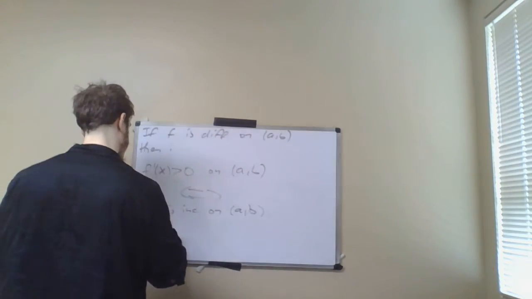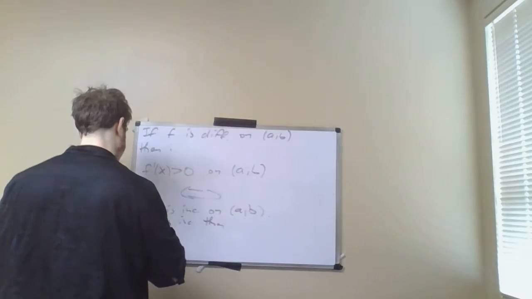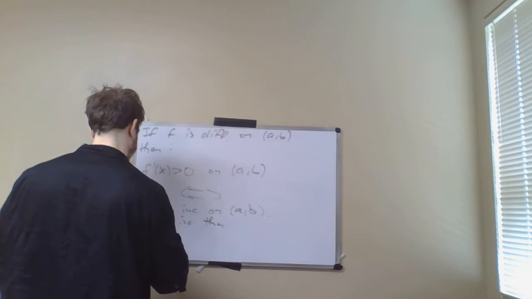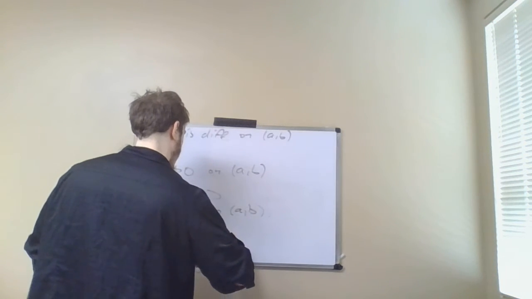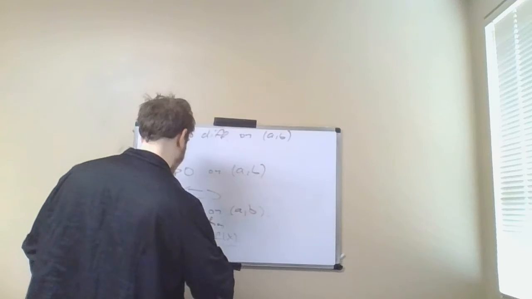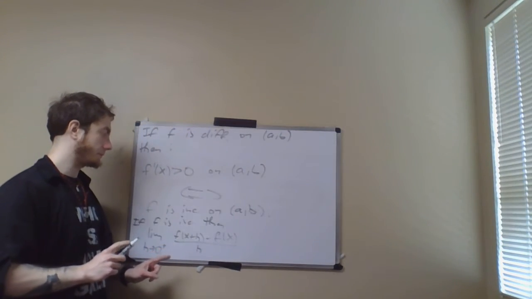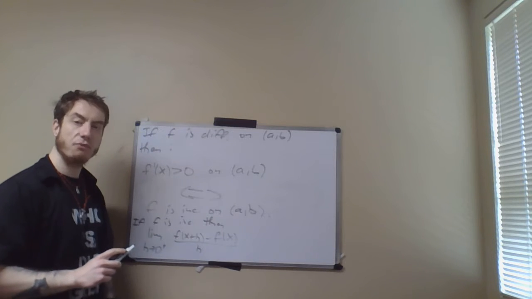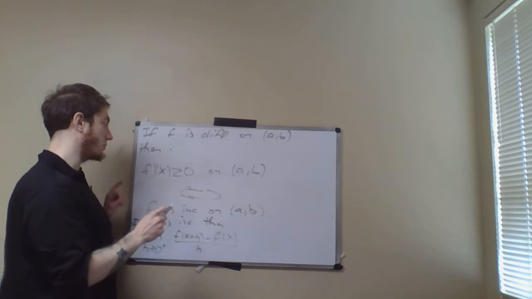If f is increasing, then the limit as h goes to 0 from the right of f of x plus h minus f of x divided by h is a limit of positive numbers, and therefore this is going to have to be, actually, I'm sorry, I should say bigger than or equal to 0.